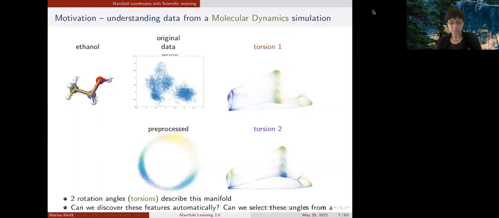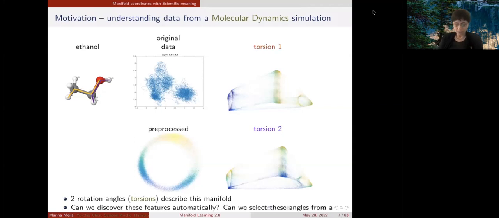So we have done manifold learning, and then we gave the results to the scientists who used their knowledge to try various torsions or use their intuition to actually show that these torsions are natural and describe at a higher level the behavior of the molecule.